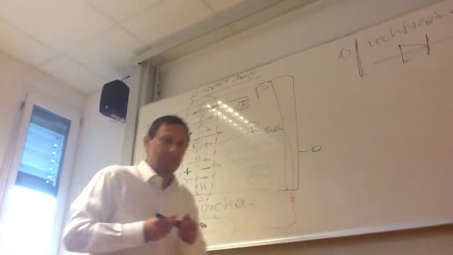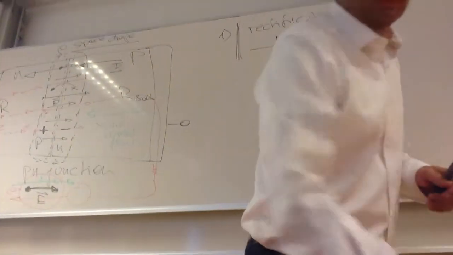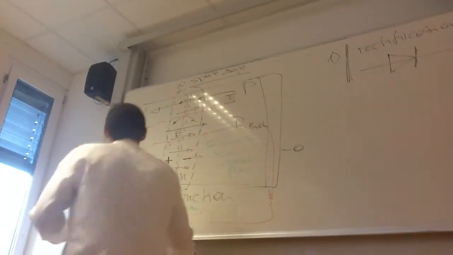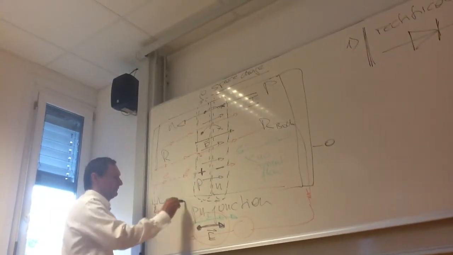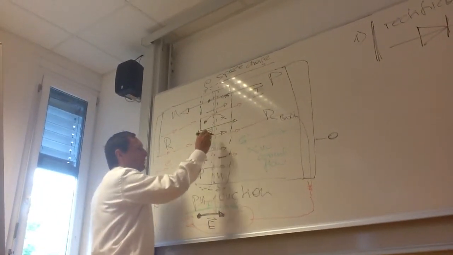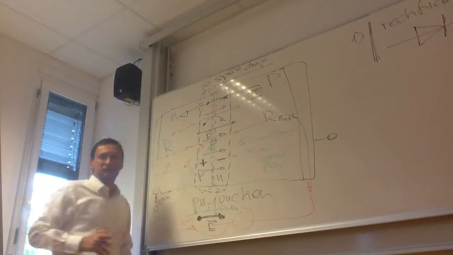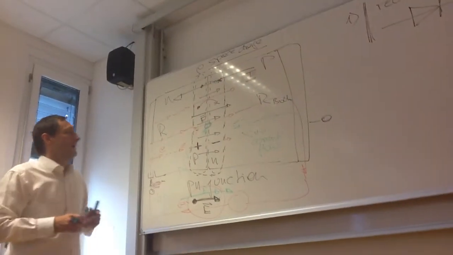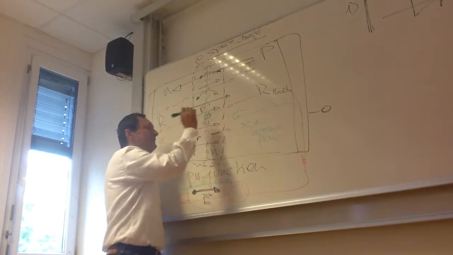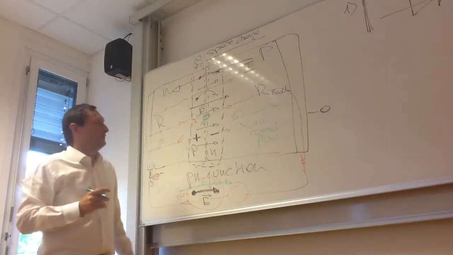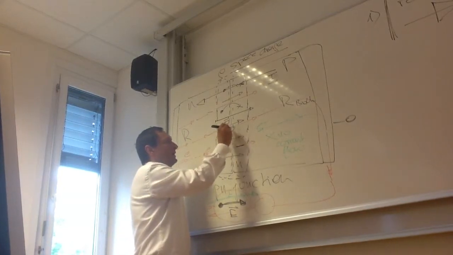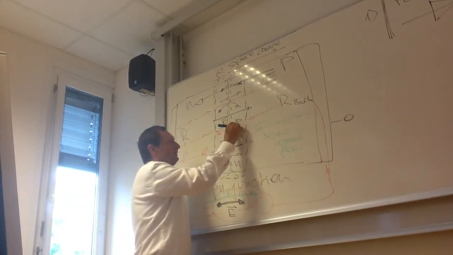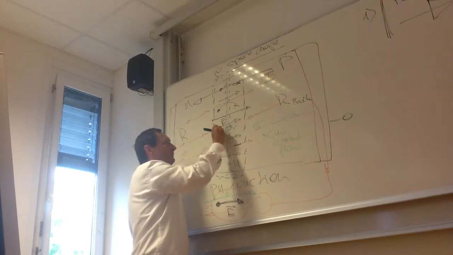And what happens then? If a photon is entering into the PN junction, and if the photon is hitting the PN junction, it generates a charge carrier pair, it generates an electron and a hole.